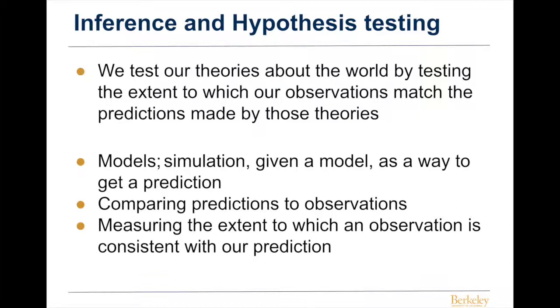If you think about the classical view of science, we have some theory about the world that makes some predictions. You know, our laws of gravitation predict that if I drop this bowling ball and this other ball from the leaning tower, they'll land at the same time. That's a prediction, right?